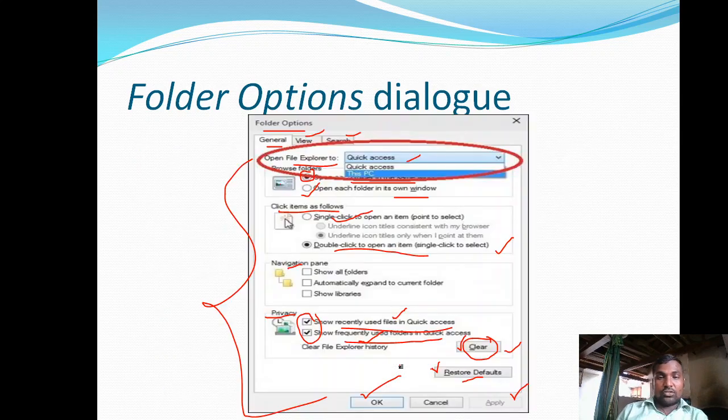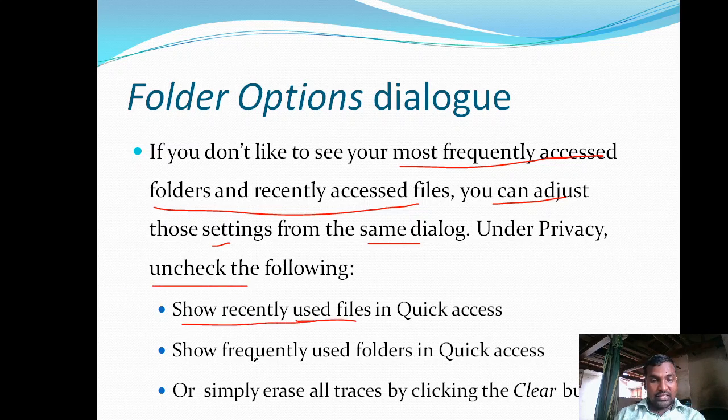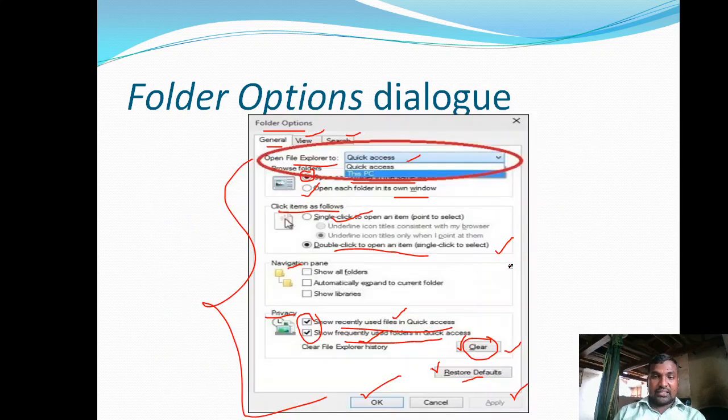Now let us take a closer look at this Options dialog. If you don't like to see your most frequently accessed folders and recently accessed files, you can adjust the settings from the same dialog. Under privacy, uncheck the following: show recently used files and show frequently used folders, or you can simply erase all the traces by clicking the Clear button.